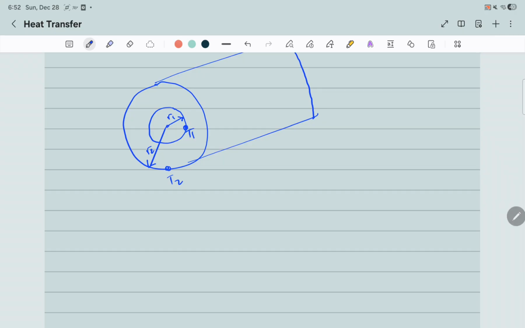So the heat diffusion equation for a cylinder is, I'm just going to copy it from the book. For the plane wall we derived the equation, but for the cylindrical heat diffusion equation I'll just write it out from the book and you can see the derivation there.